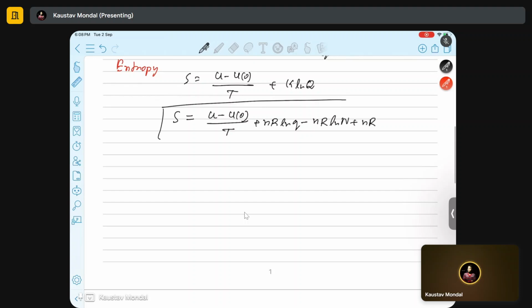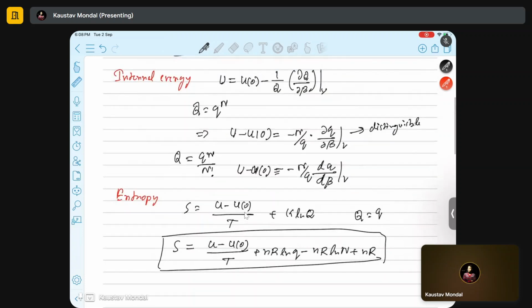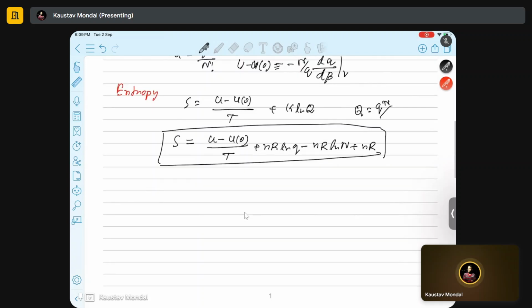This is the expression of the entropy. If you consider Q for the indistinguishable case, q to the power N by N factorial, then the entropy becomes this, for indistinguishable particles.